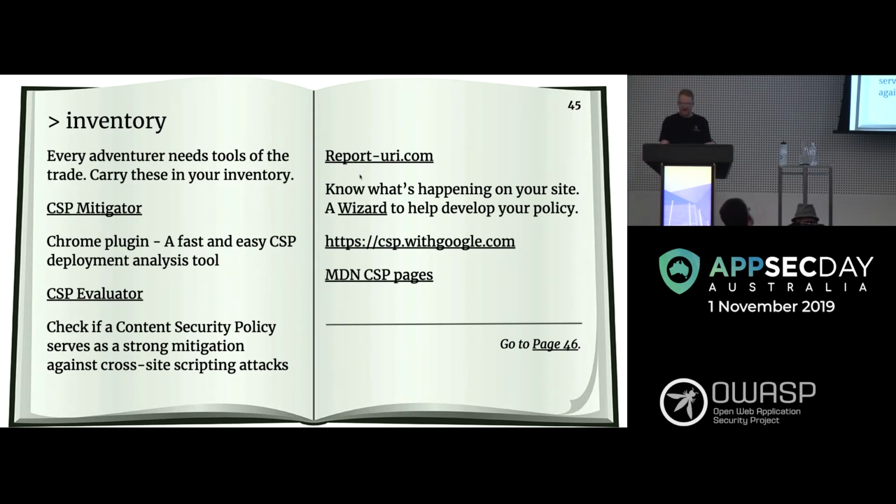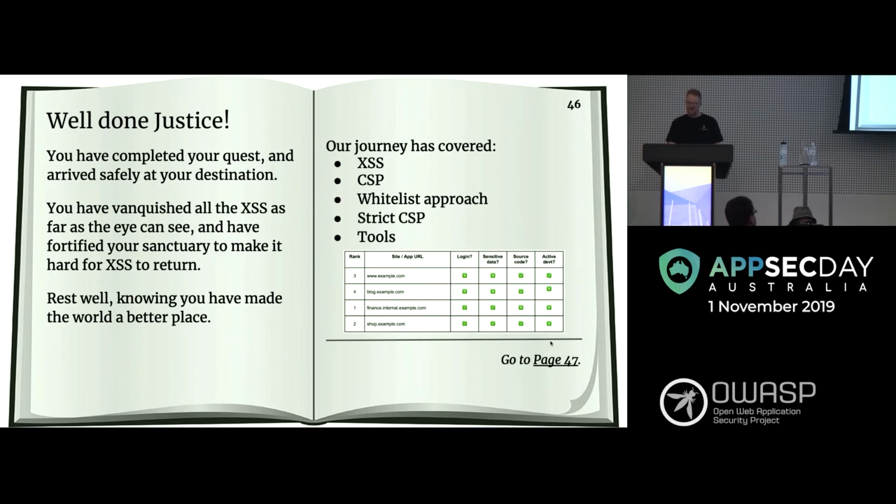Report URI is the free but paid application we use to build up our whitelist. There's the Google Content Security Policy introducing strict dynamic, and of course on the developer network, formerly called Mozilla Developer Network, now contributed by Microsoft as well, there's information about content security policy. Hopefully that'll be a grab bag of stuff that you can click on.